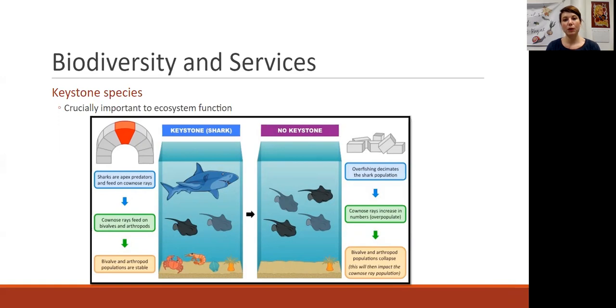So what happens is once the sharks have become overfished or there's no longer suitable habitat for them, the ray population ends up getting out of control. And when that population has a big increase, they totally decimate the invertebrates around them. So in the Chesapeake Bay, it was oysters that were getting hit really hard.